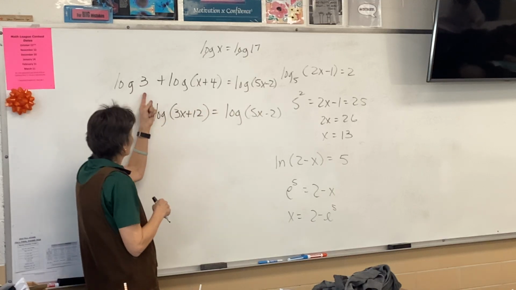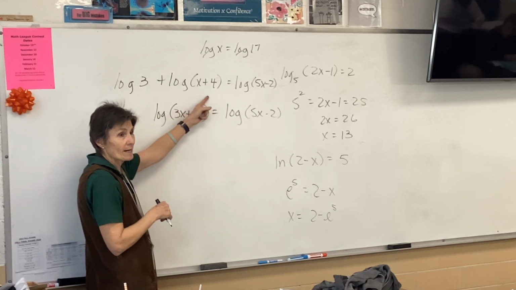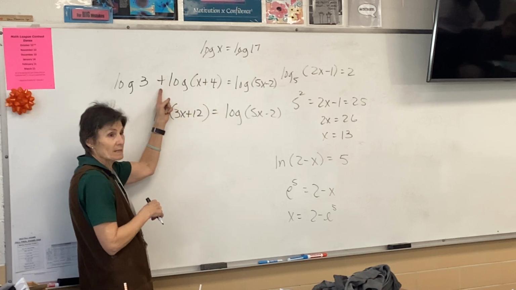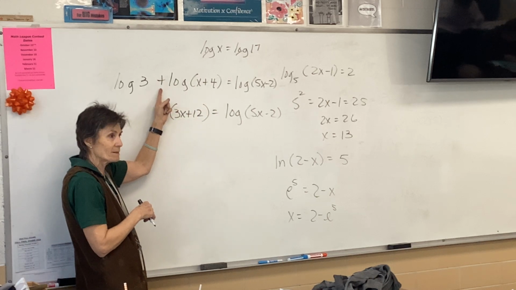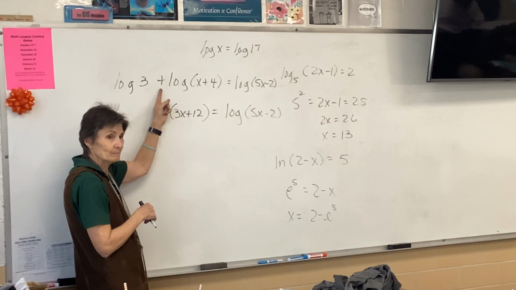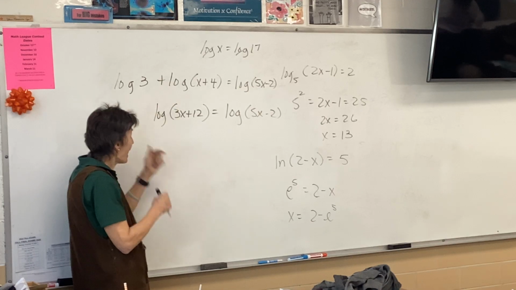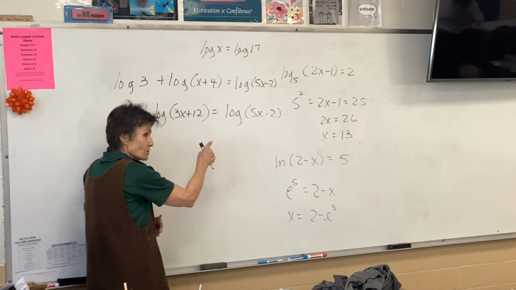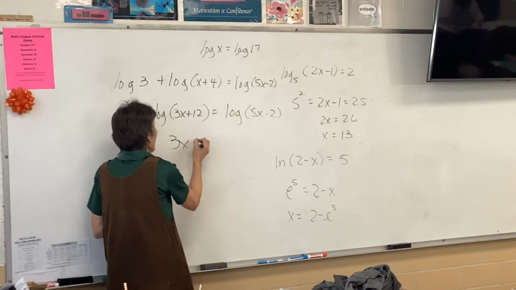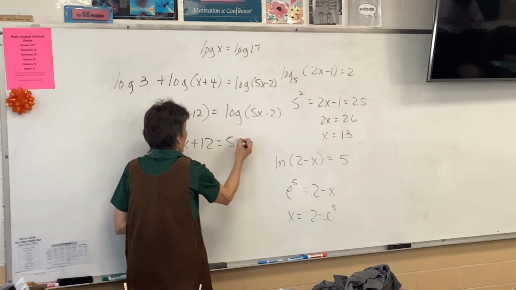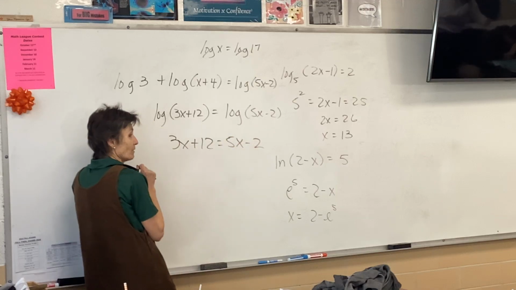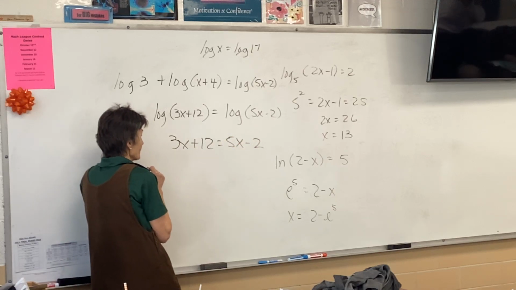Why did you multiply 3 and x plus 4? Because the individual logarithms were being added. Now it says log equals log. So now you can drop those logs and just solve like a regular equation.